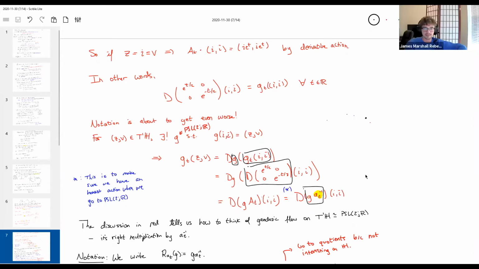And why is it notationally convenient? Because we'll eventually want to push this to PSL2R, which doesn't make any sense right now, but will when we get to the Hopf argument for ergodicity. Good question, though. Any other questions?